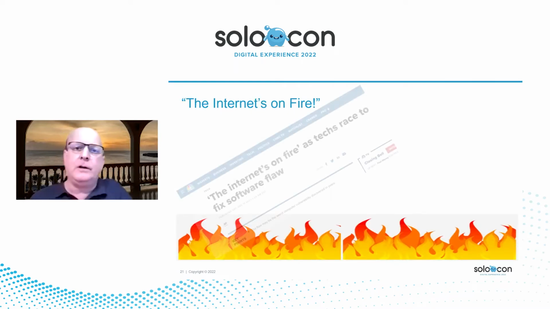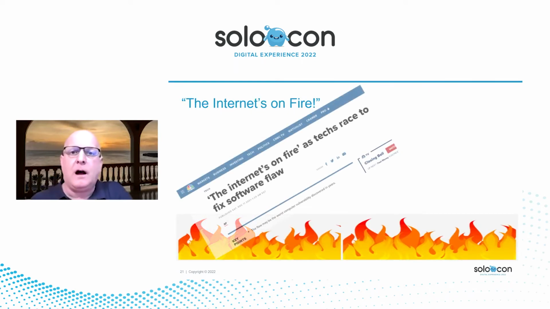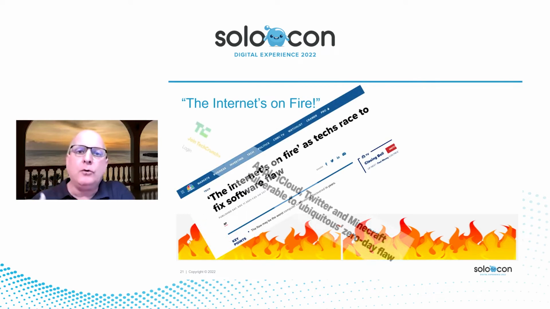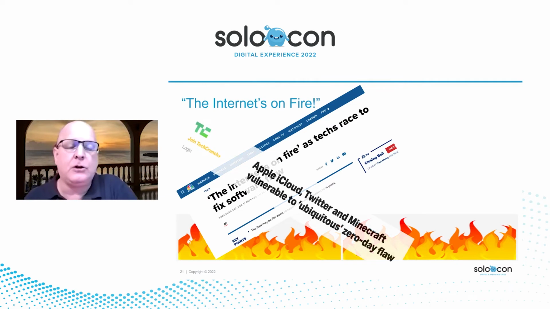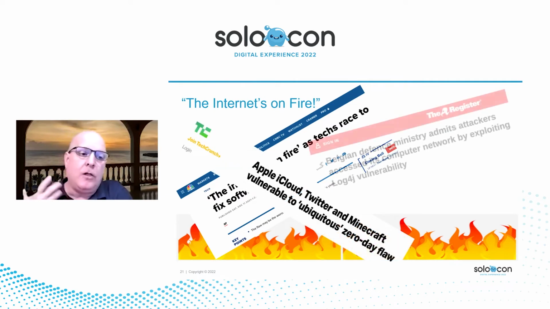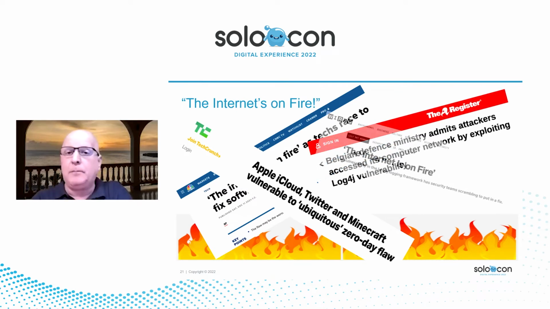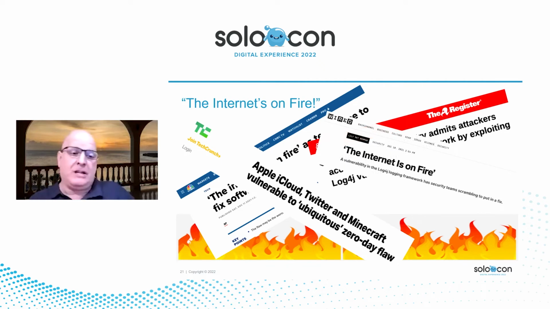In late November of 2021, the Alibaba cloud security team reported a 0-day remote code execution exploit that targeted the wildly popular Log4j logging framework. By early December, this exploit had been weaponized and deployed widely across the internet. Shortly after that, articles came out that began screaming that the internet's on fire.